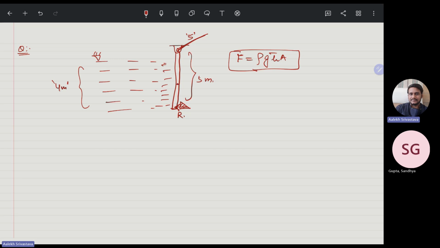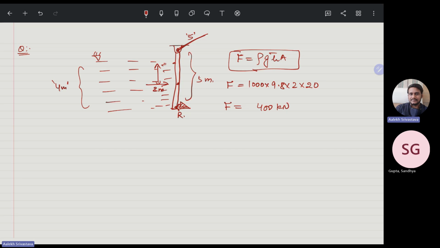From the surface, the force will act at 2 meter from the top. The area is 4 into 5, that is 20. So force is equal to 1000 into 9.8 into h bar, which is 2, into the area 4 into 5, which is 20. So 400 kilonewton.